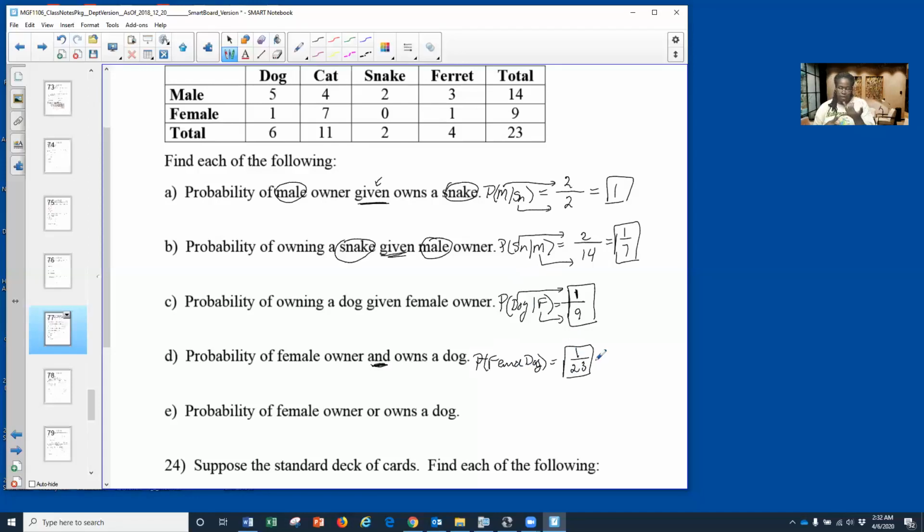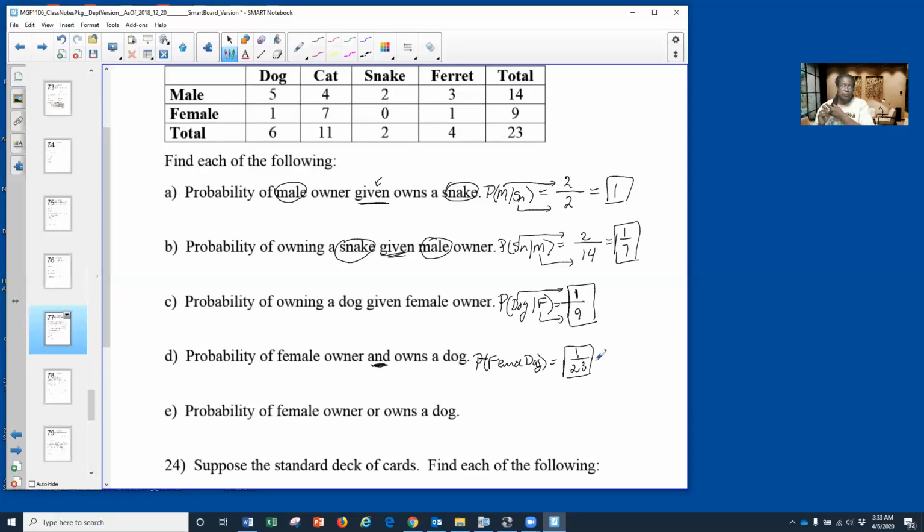There was no given there, so no restriction. Our sample space, for our denominator, we're using our total number of 23, and we were looking for females who owned a dog. The total number that we had there was 1 over the total number of participants, which was 23.